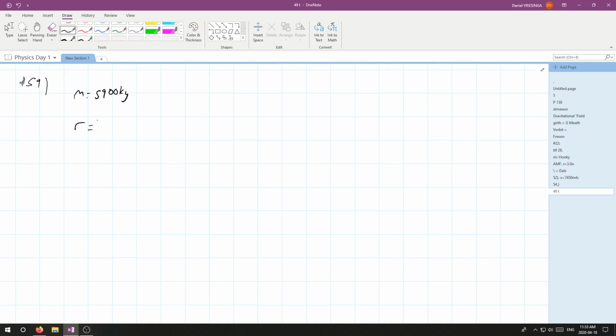So with that knowledge, this is the radius of the Earth, right? It's like 6,371,000 meters. That makes sense.